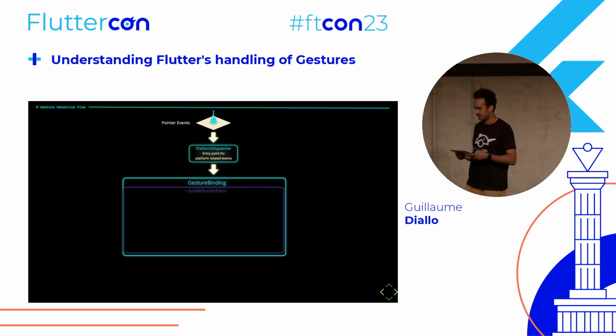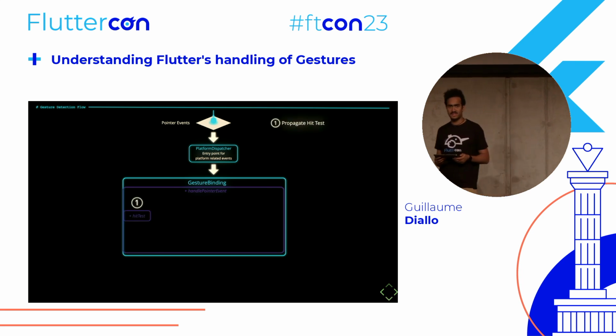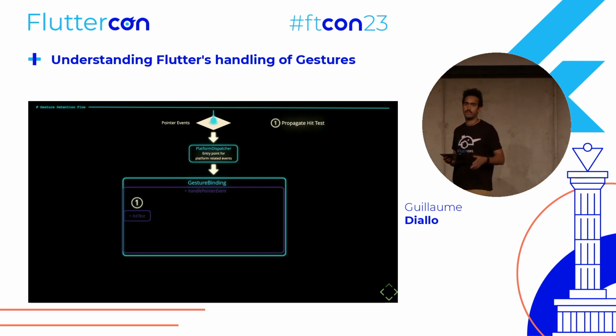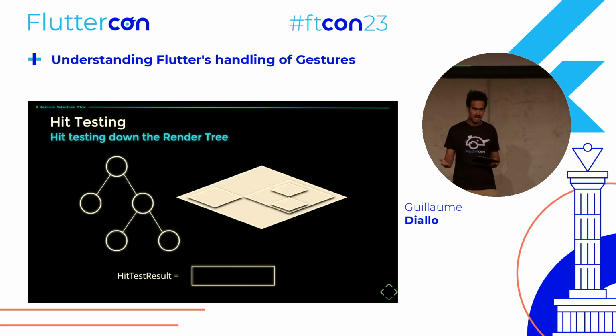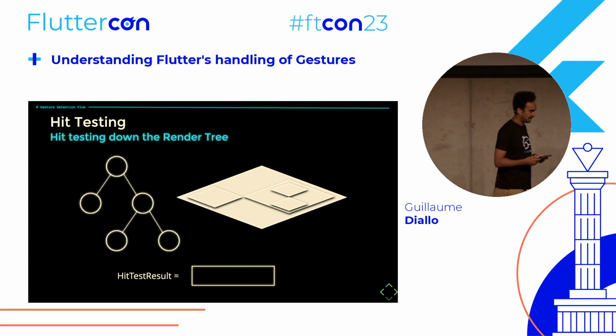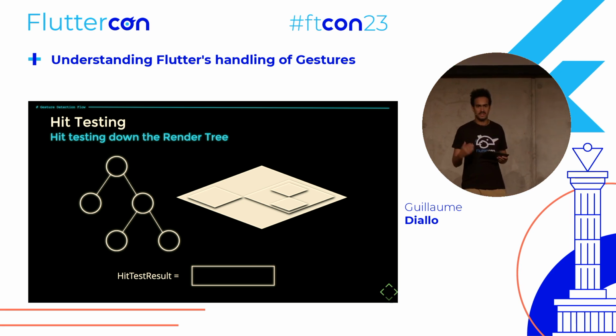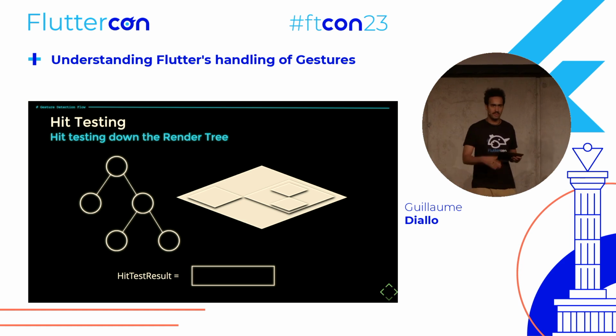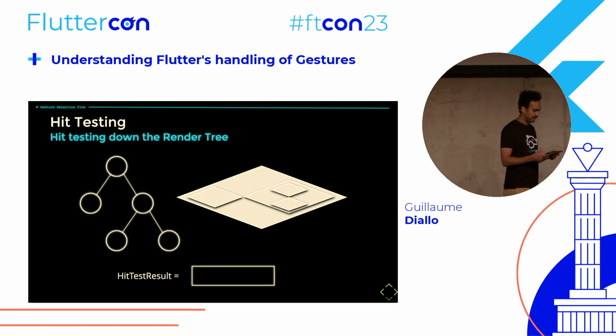And that very useful method does a couple of things. The first thing it does is propagate a hit test all through your application. So what's a hit test? Hit testing is something performed by the render tree. It consists in asking all the widgets in your application, okay, there is a pointer at that location.